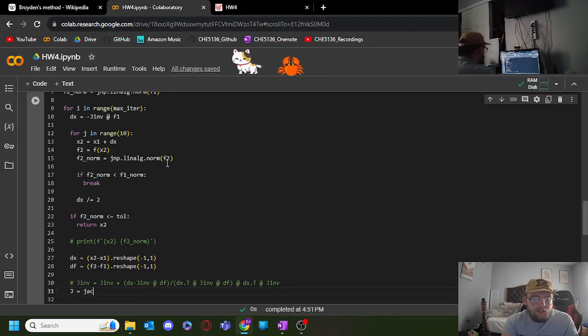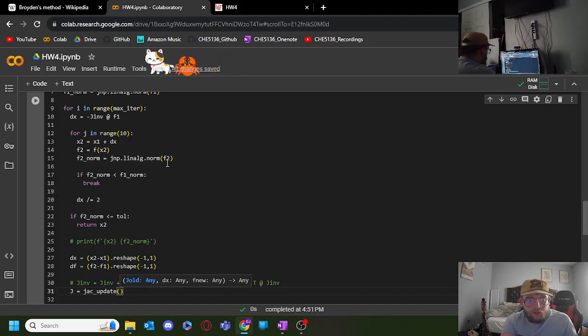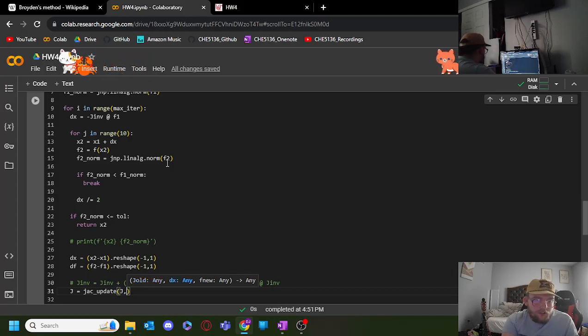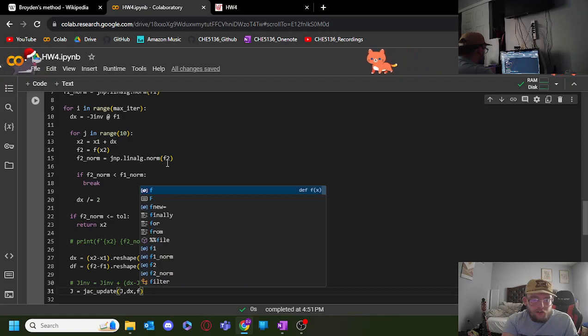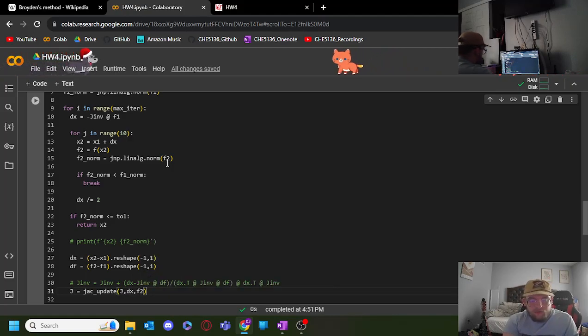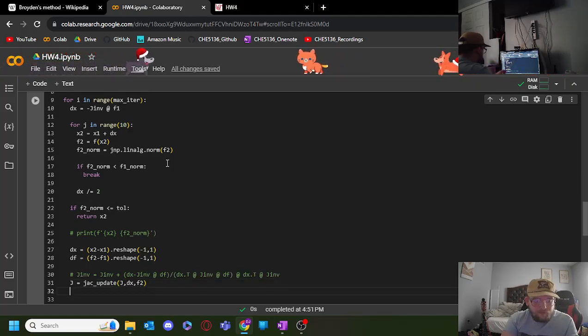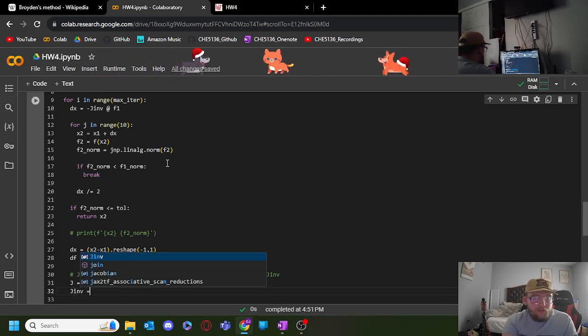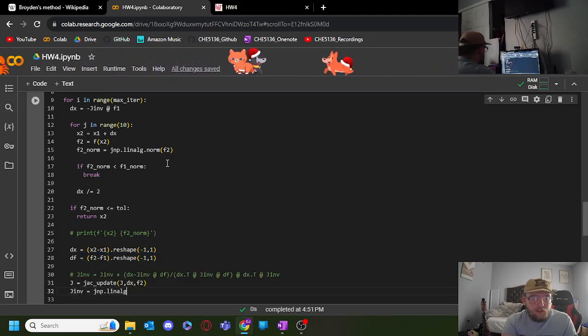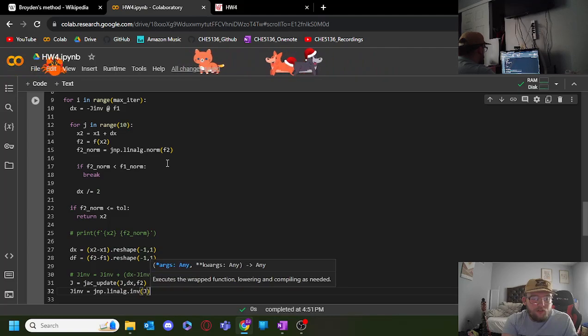J equals jack update, with J_old being our current value for J, our dx being that, and our f new being f2. And J inverse is jnp.linalg.inv of J.